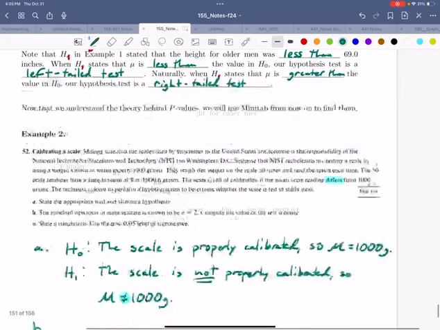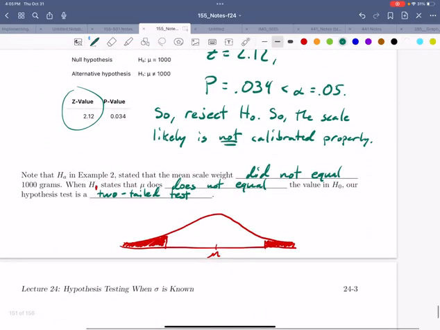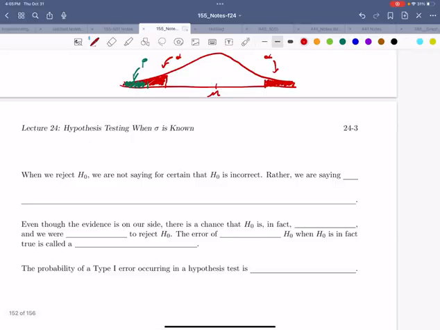Alpha, for example, might be over here, and our p-value might be over here, for example, like it was in this case. All right, anyway, moving on.